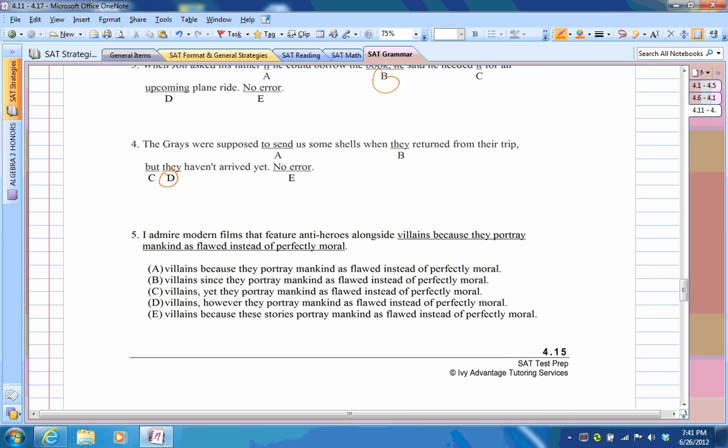And then for number 5. So who is "they"? It's not quite clear. You know, it could be the heroes, villains, or can even refer to the films.